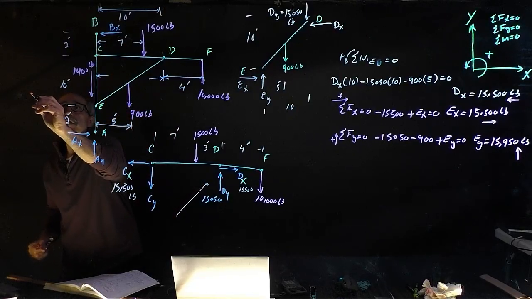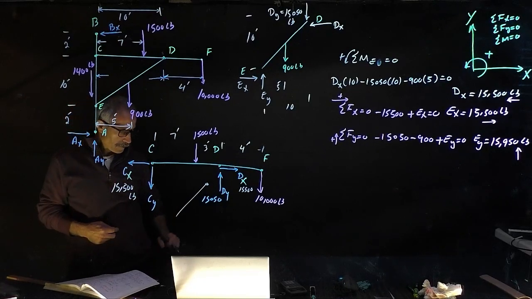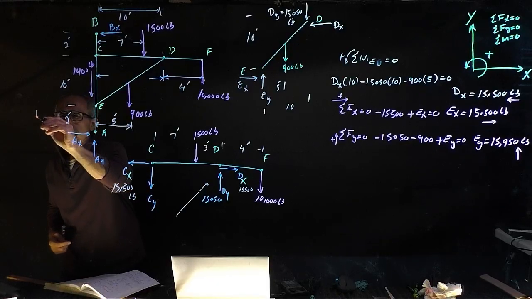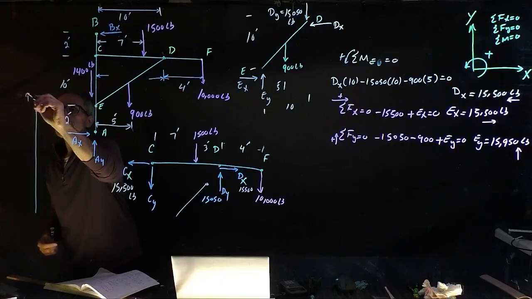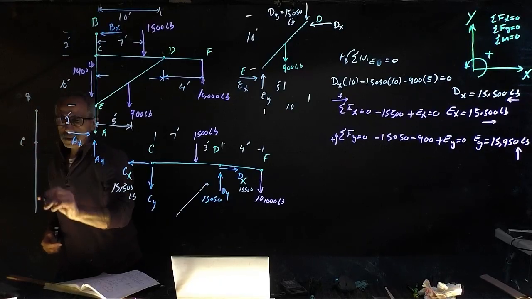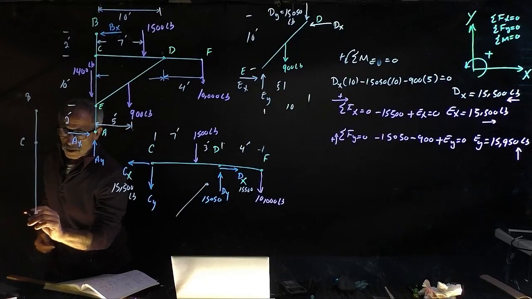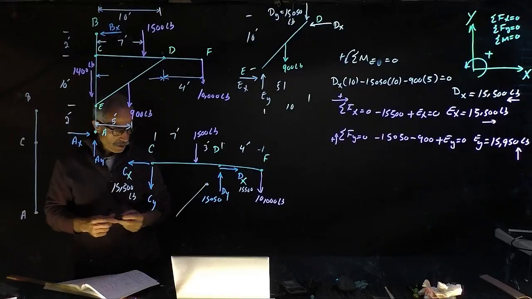Let's do the post right here. That's from point B. B, then we have point C right here, C, and then we got point A down here, A. And we can put the load on it too.